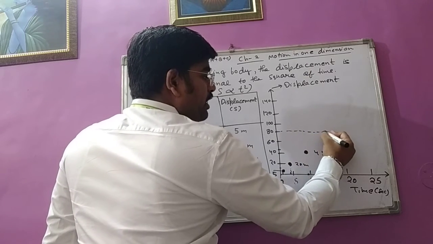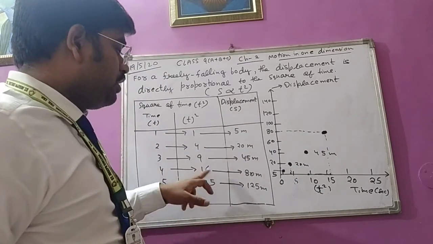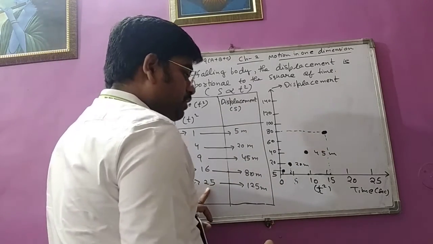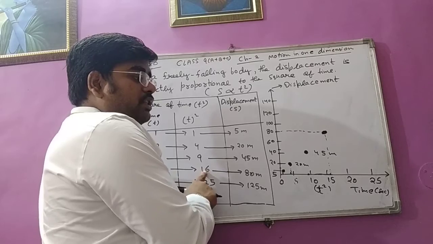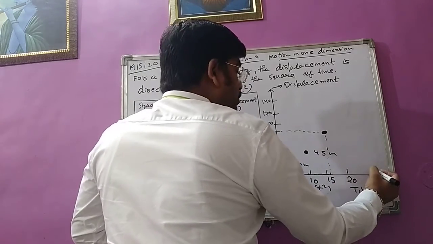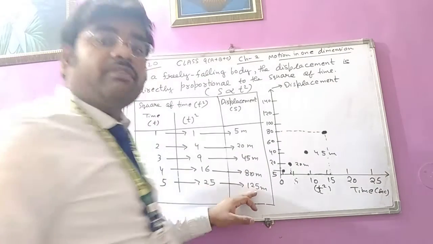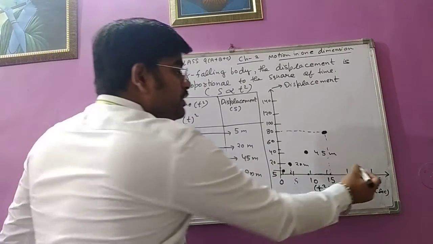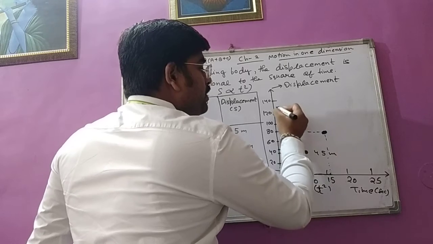This point we have got for 80. For 25, after 16 you can see that 25 is there. So at the point 25 it is 125. So this is 25 and 125 here.